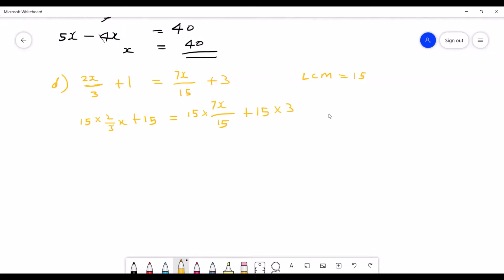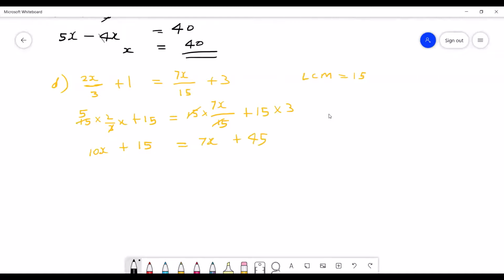So this 3 will go here 5 times. So 5 into 2 will be 10x plus 15 will be 15 and 15 will get removed. So this will become 7x plus 3 into 15 is 45.